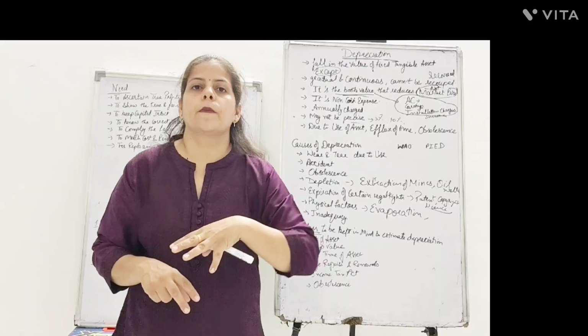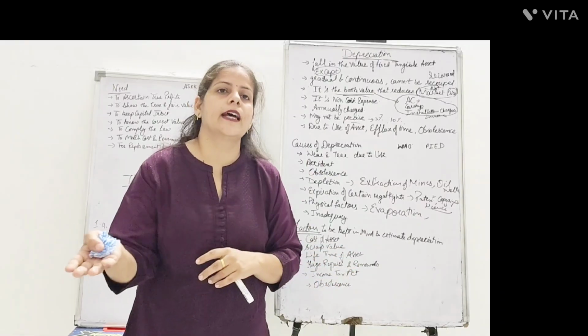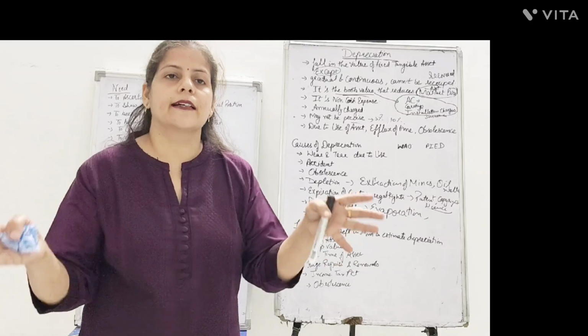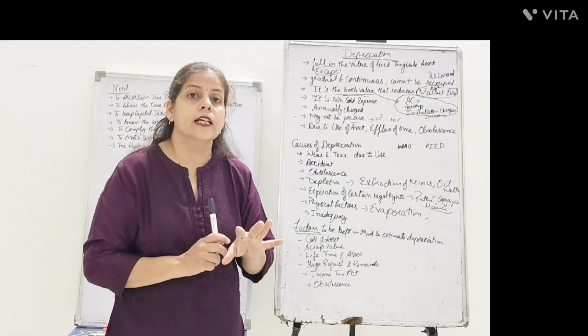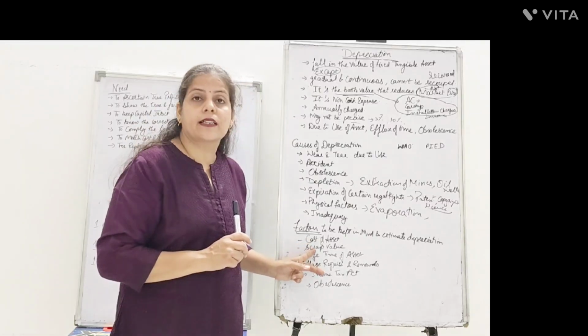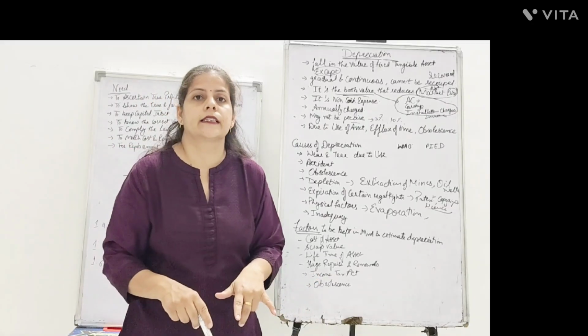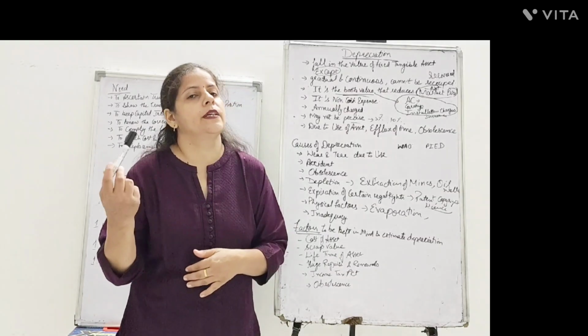A newspaper costing ₹12, when sold as scrap, would not fetch even ₹1, because it is sold on a kg basis. So if your asset has a high scrap value, your depreciation would be less. If your scrap value is low, your depreciation would be high, right?